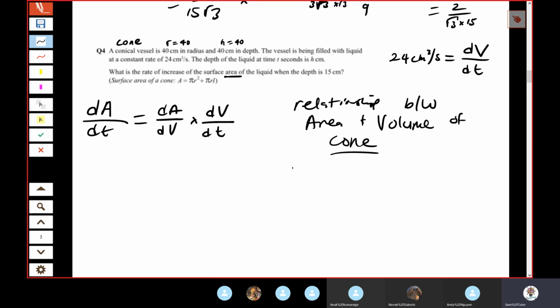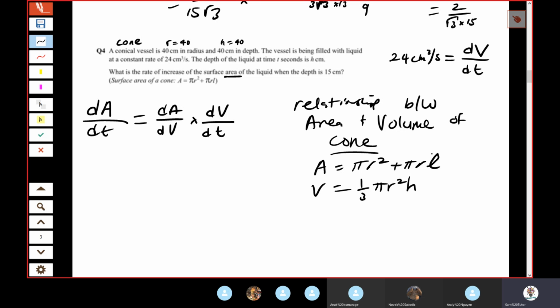Well, no, right? Because we know area of a cone is pi r squared plus pi r L. We know volume of a cone is 1/3 pi r squared h. So there's no way these two will ever equal each other or even be a part of each other.